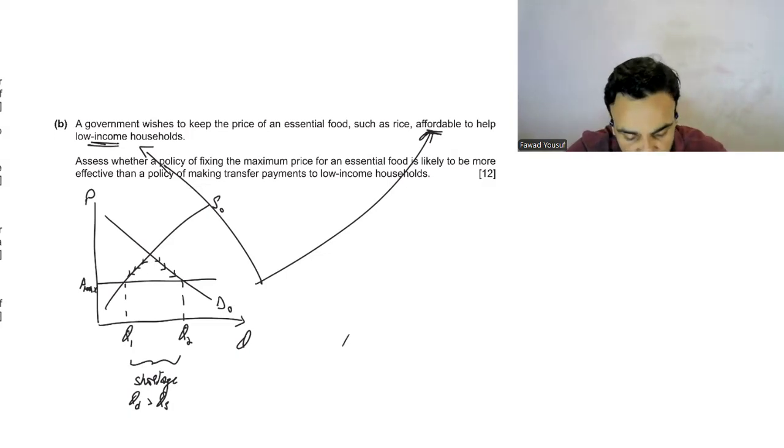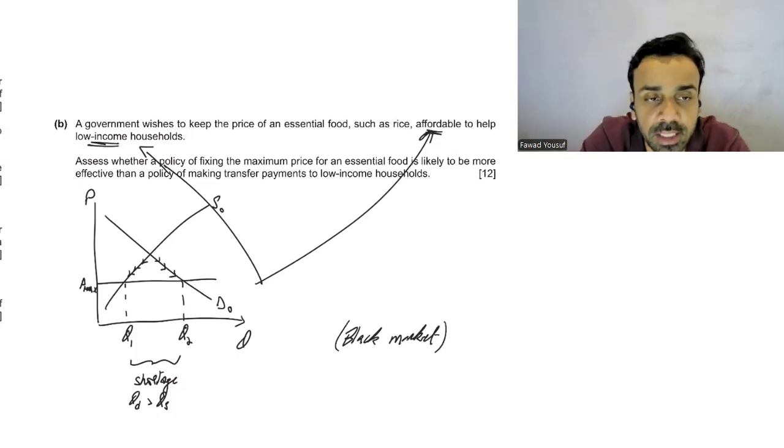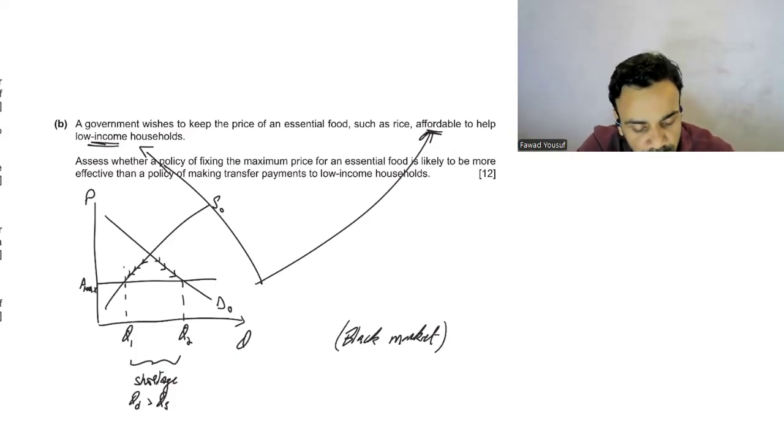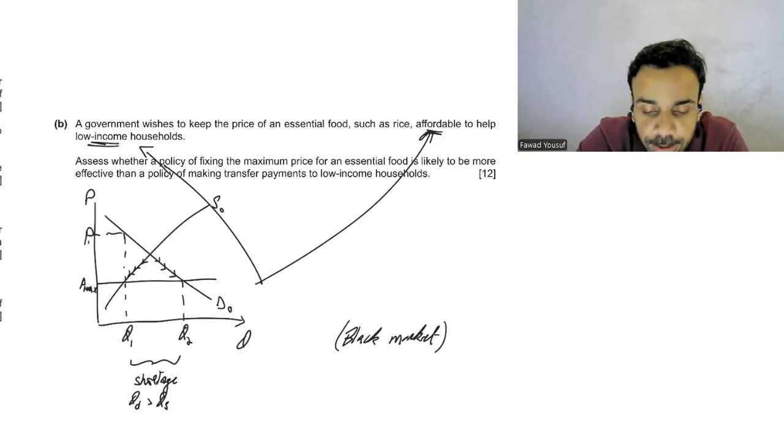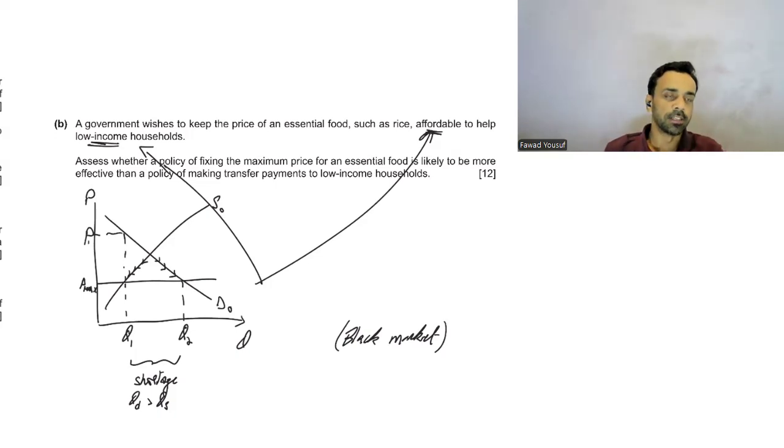And I personally like the whole black market concept, that if not properly supervised, a black market can arise and people are willing to pay a much higher price for this good. And so consumers' affordability is not really going to increase as a result of this. और क्या चीजें हो सकती हैं? So you need to know what other failures there are of a maximum price.